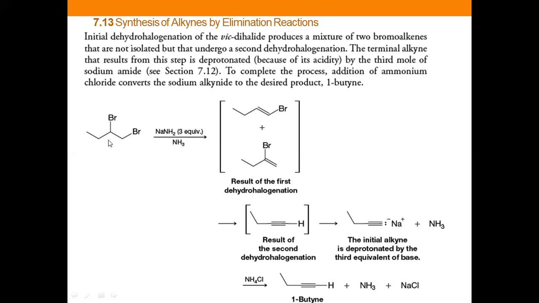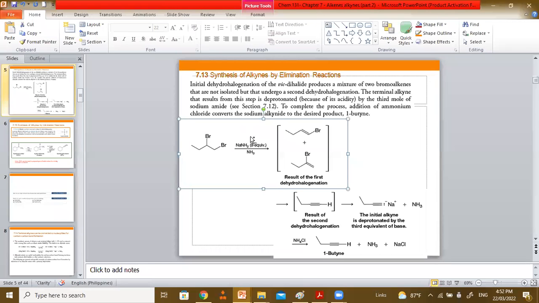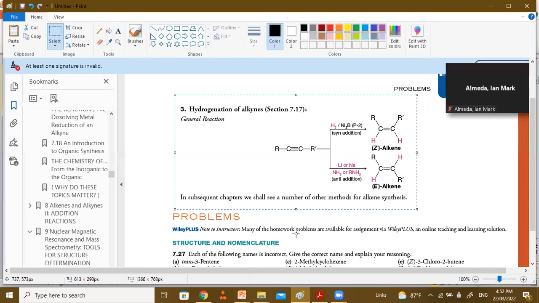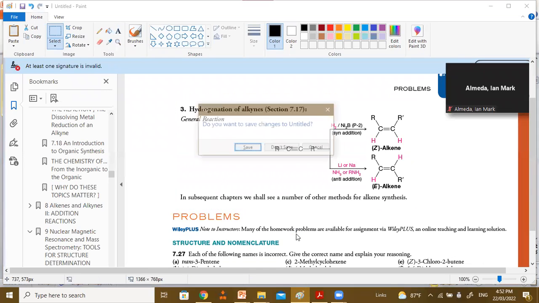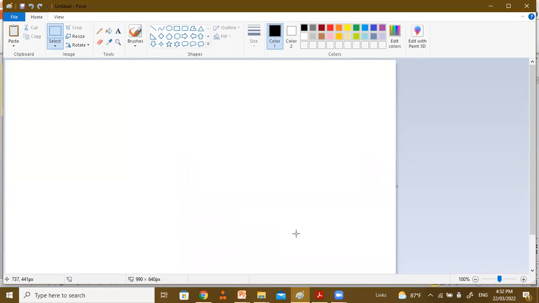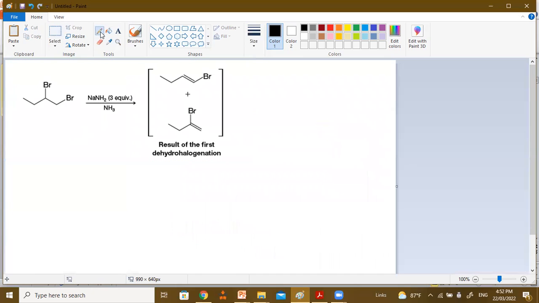If you abstract this one, it will form a bond here. So imagine you have your hydrogen here, and another hydrogen here.